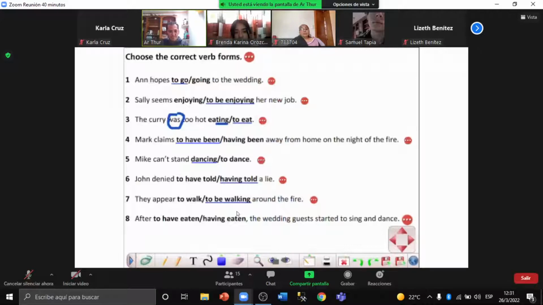After to have eaten or after having eaten, the wedding guests started to sing and dance. You have a preposition, after. Having eaten. Of course, having eaten.